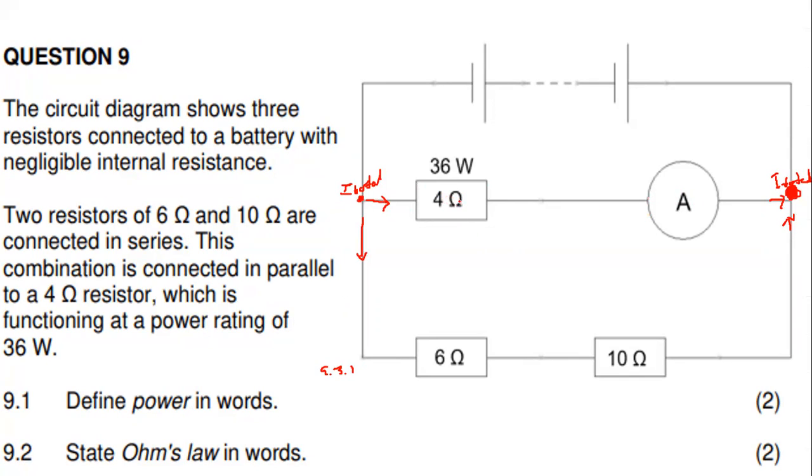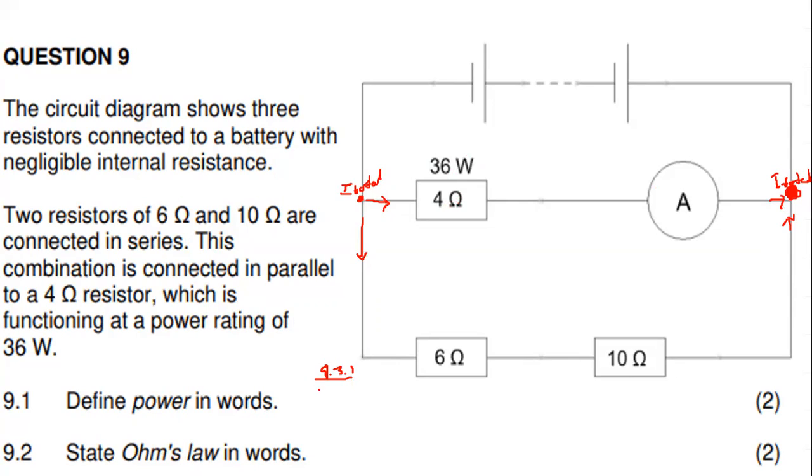So if the resistance is 4 ohms and this resistor has a power rating of 36 watts, then we can check the current that flows through it. Then there are quite a number of formulas. You see, I have power and I have resistance and I want current.